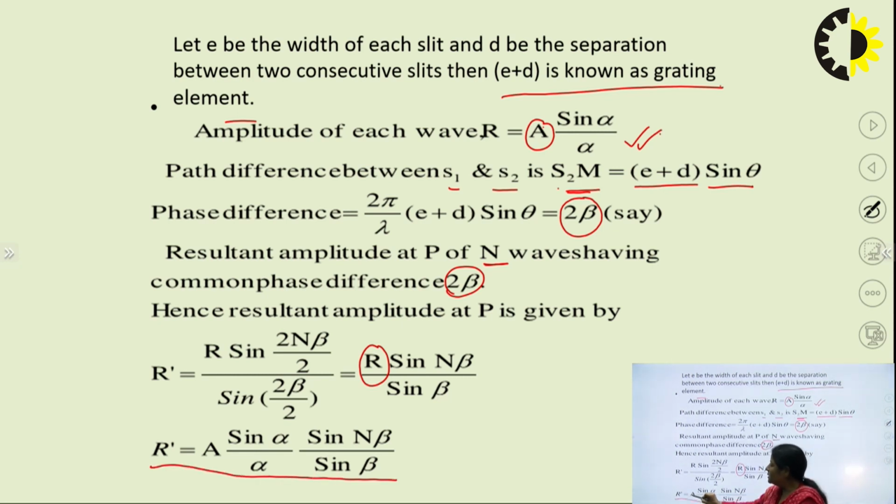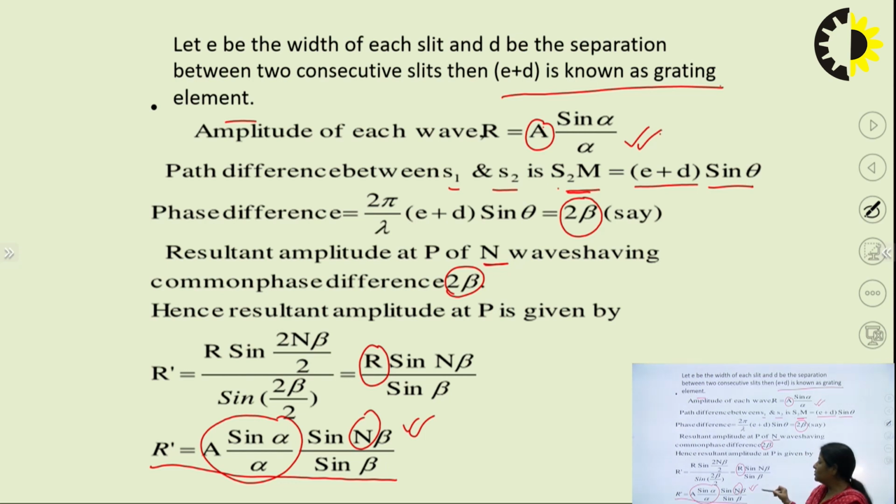This R dash is A sine alpha by alpha and sine n beta by beta. So you can see in this expression, isn't it? In this part we are not having any n type of term. That means this part is showing the contribution of single slit. But if we see this term, all right, we are having this n contribution here.